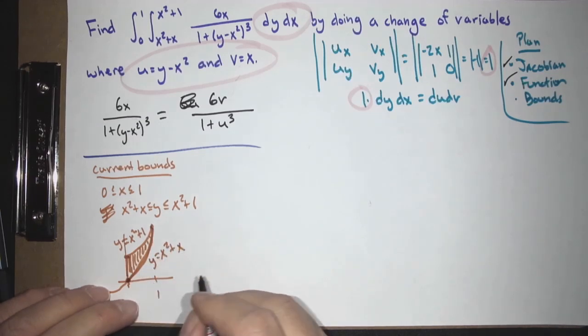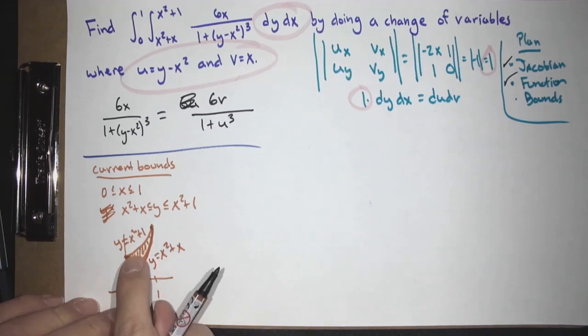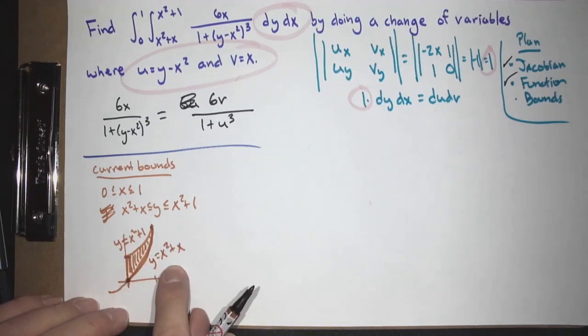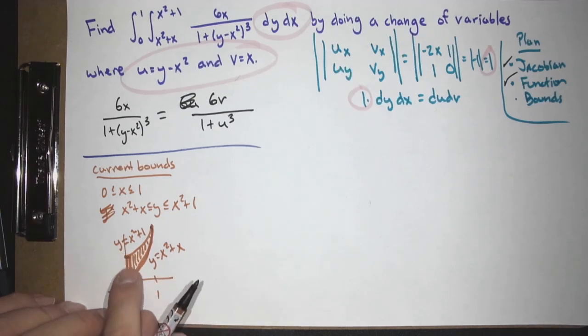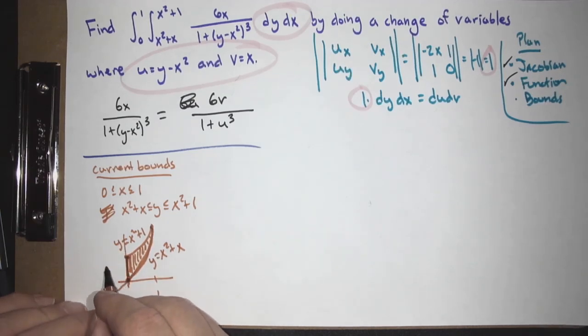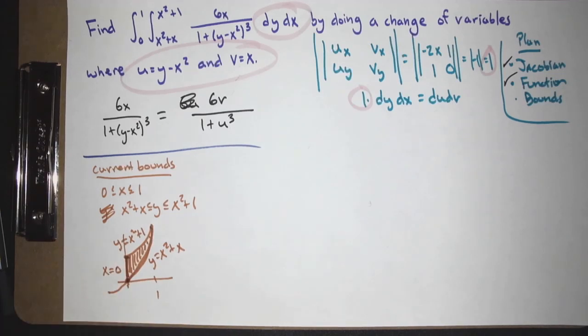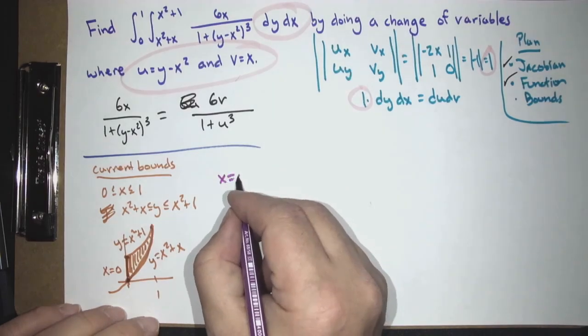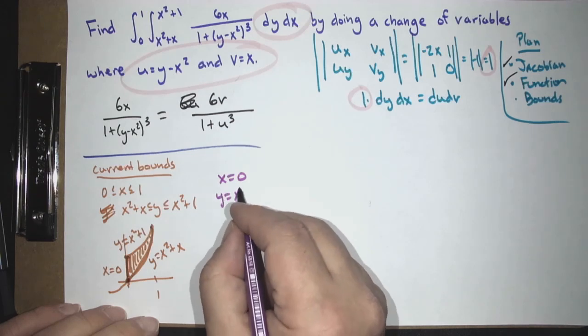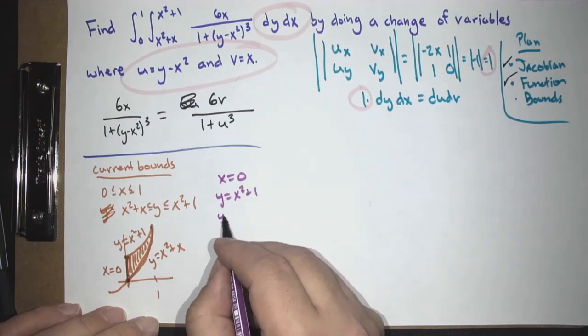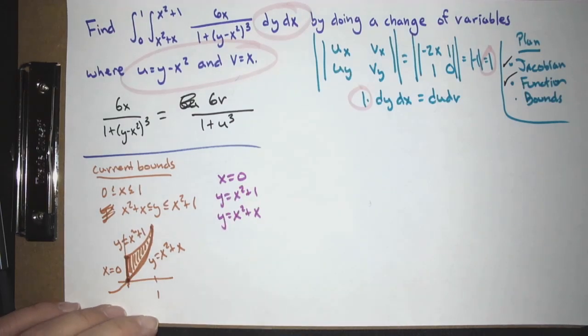All right, so we have y equals x squared plus 1 is one side, y equals x squared plus x is one side. What's this side? X equals 0. So we have 3 bounding curves. Let's handle our 3 bounding curves: x equals 0, y equals x squared plus 1, y equals x squared plus x.